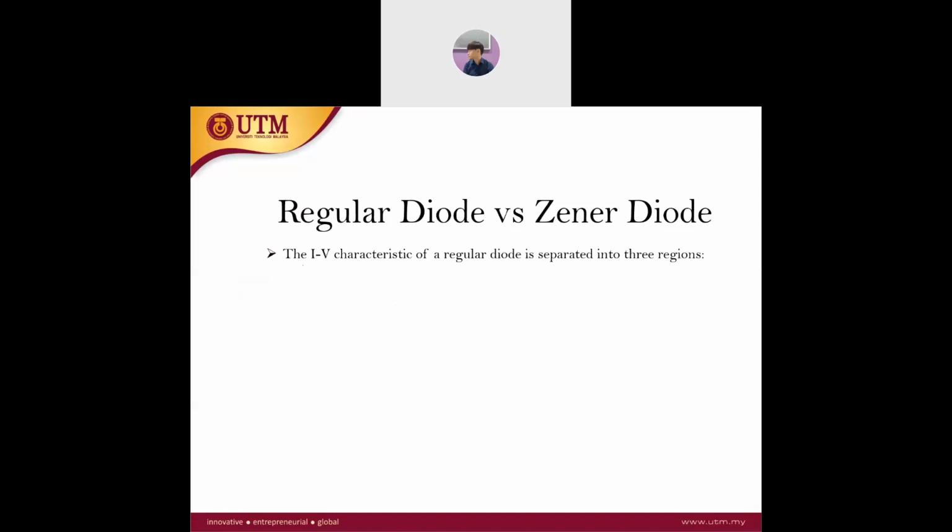region. So the IV characteristic of a regular diode is separated into three regions. One is the forward bias. At this stage, current is being conducted by the diode.